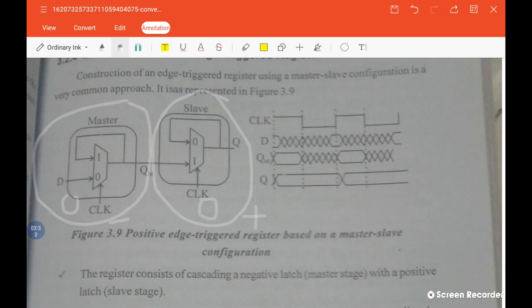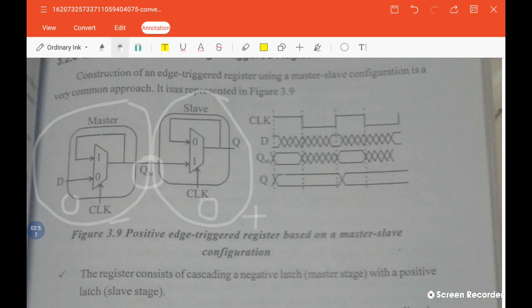It starts sampling the data at D, and then D is passed on to the QM output. So your data is sampled and the QM output is produced because the master latch is now in transparent mode. We know very well that a latch in transparent mode is able to conduct, that is, it is able to pass the data.